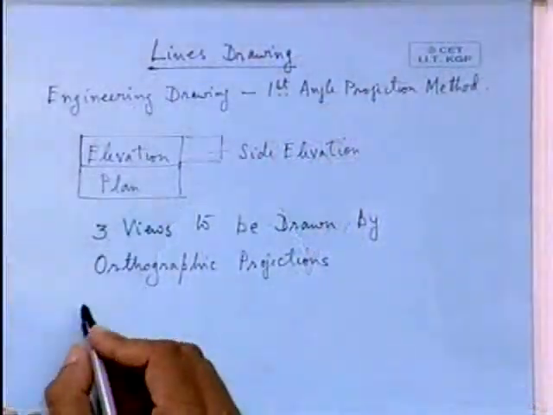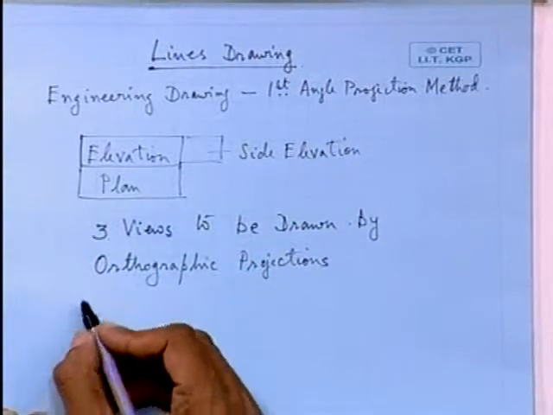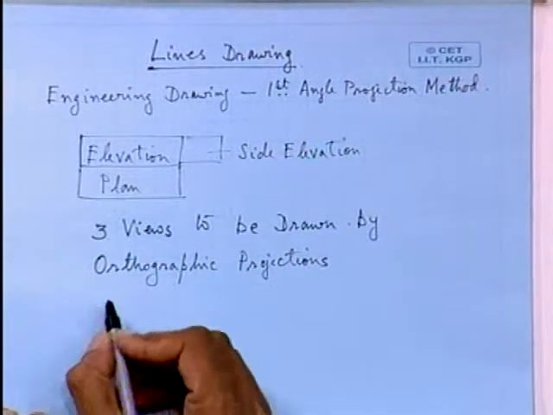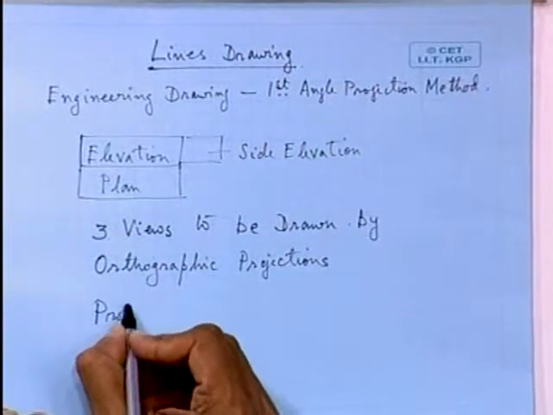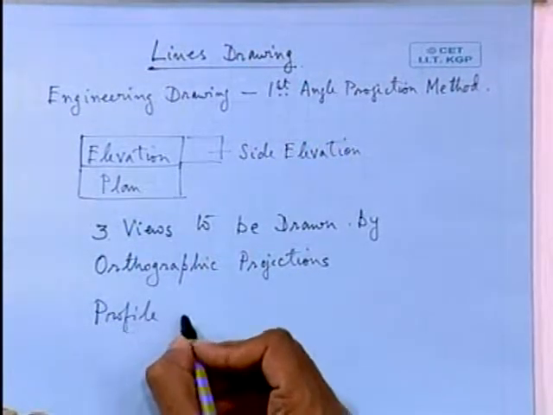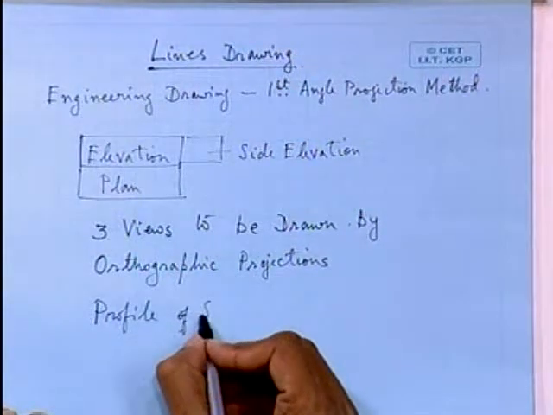Now here the elevation is normally what is called the profile or sheer plan. The elevation in your engineering drawing is called the profile, or sometimes this is also called the sheer plan.